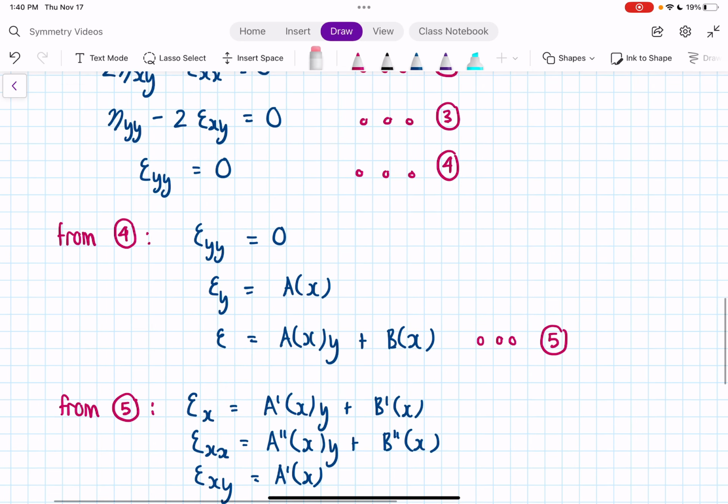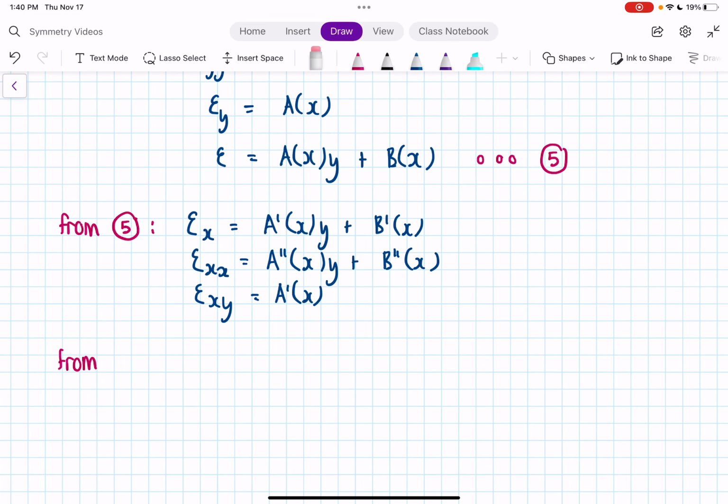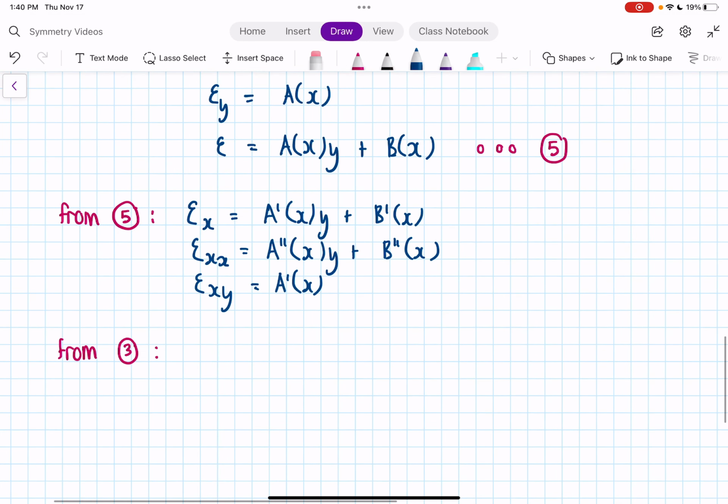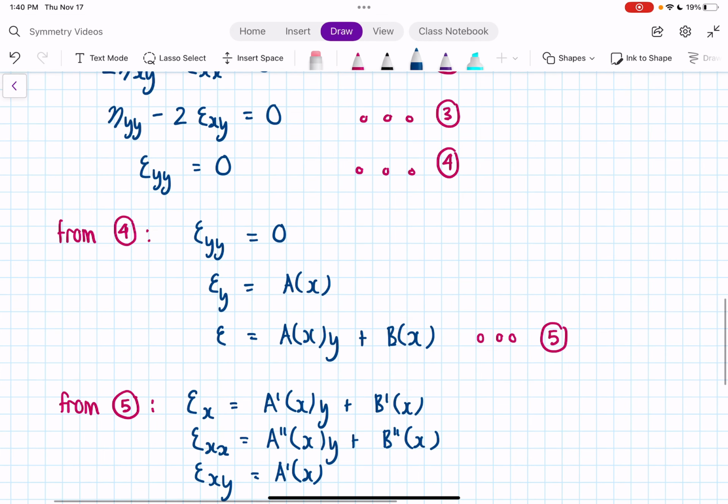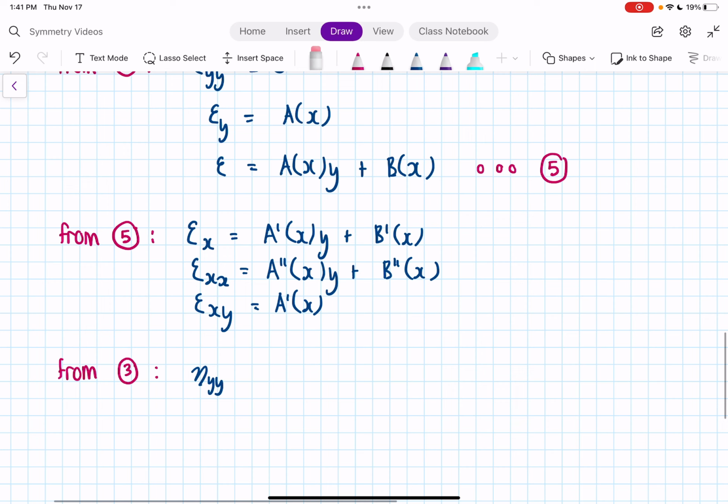So let's look at equation 3 now. So equation 3 tells us that.